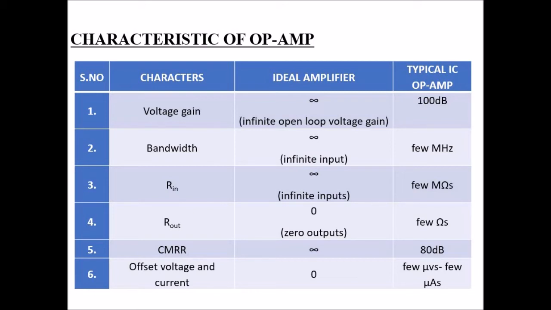If the resistance between our body and this electrode is very low, then obviously the leakage current will start flowing through our body. That should also be eliminated. So that is why the input resistance is high.